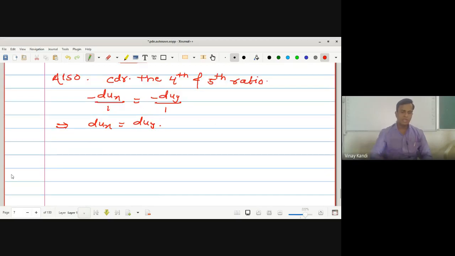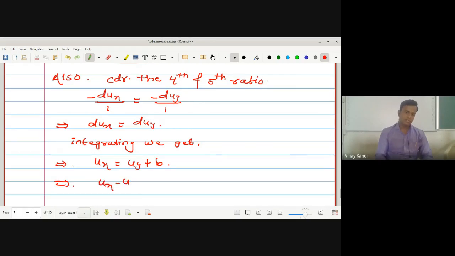Now integrating, we get ux is equal to uy plus b, which implies ux minus uy is equal to b.